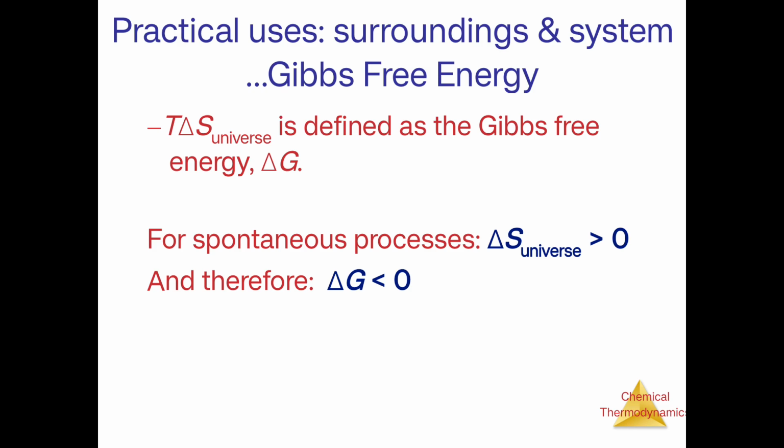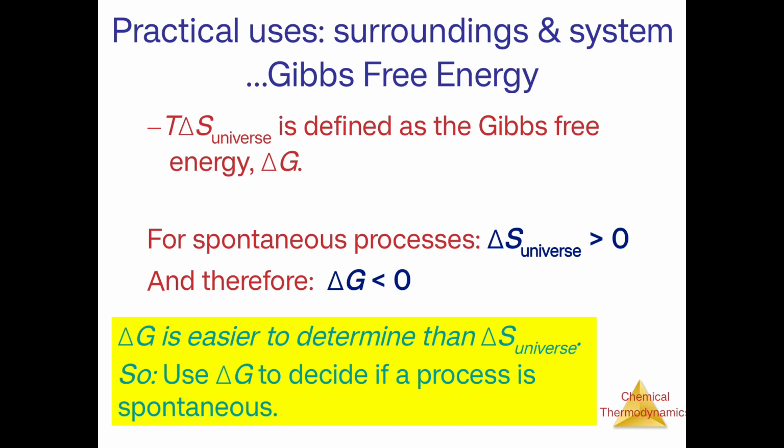So the change in free energy is less than zero for a spontaneous process, which means Gibbs free energy is easier to determine than the change in entropy of the universe. So we have to use the Gibbs free energy to decide if a process is spontaneous.